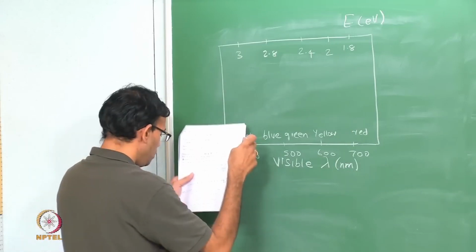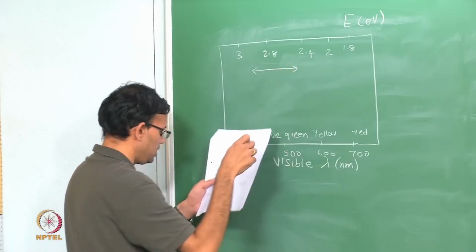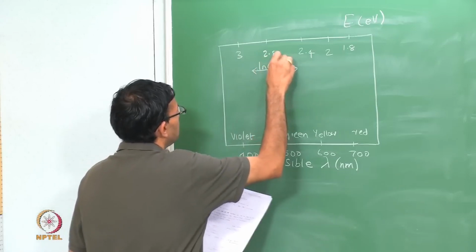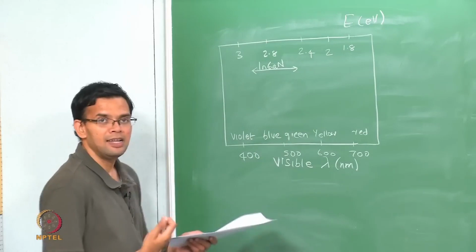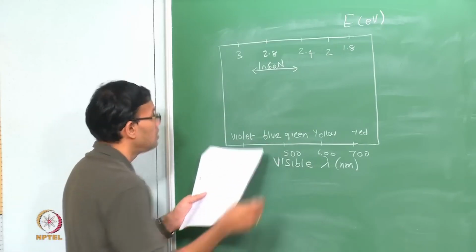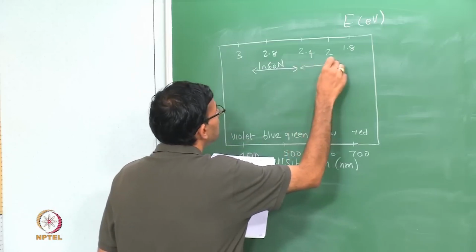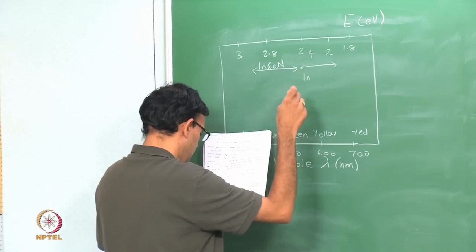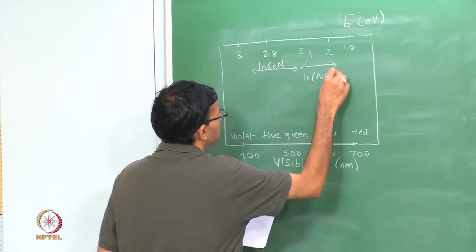So within the blue region, typically you can use an indium gallium nitride based material for a slightly lower band gap. You have indium based with aluminum gallium phosphide.